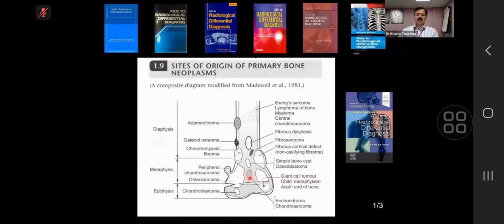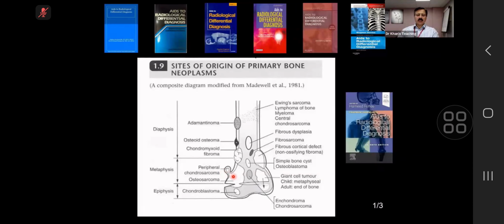In the center of the metaphysis is a cartilaginous tumor, enchondroma, which can convert to chondrosarcoma. In the periphery, arising from the cortex, is another cartilaginous tumor, which is osteochondroma, and it can also convert to chondrosarcoma. Please remember, both of these are extremely important exam cases, and the concepts they will ask you. The concepts: what are the criteria for malignant transformation?